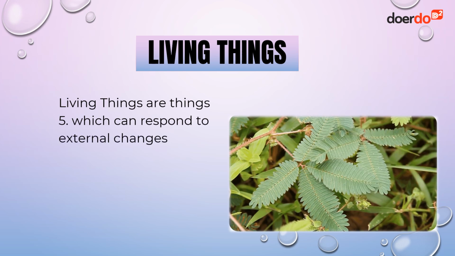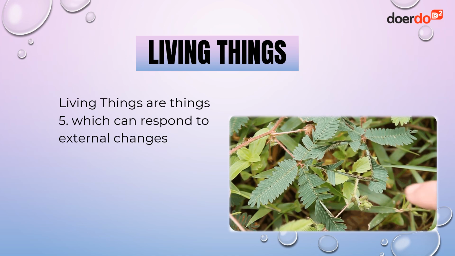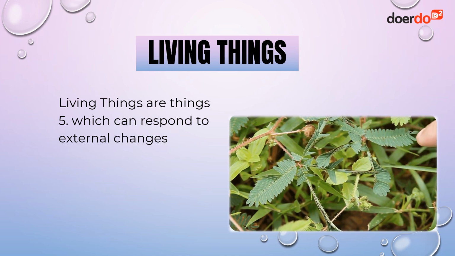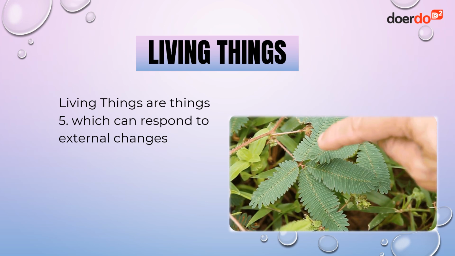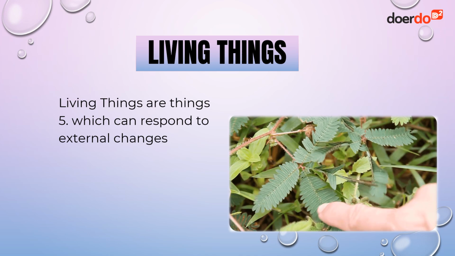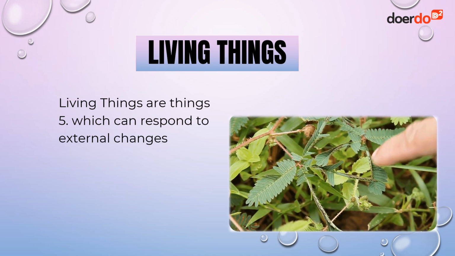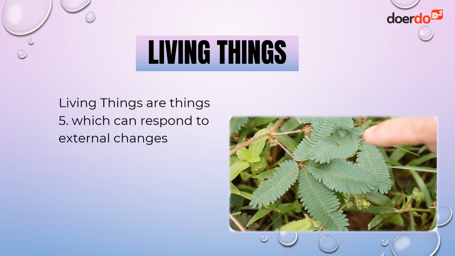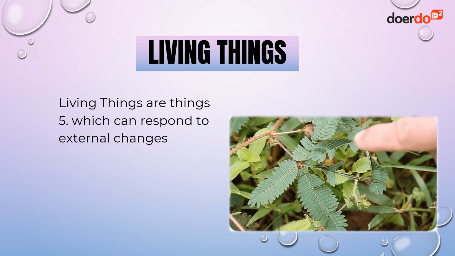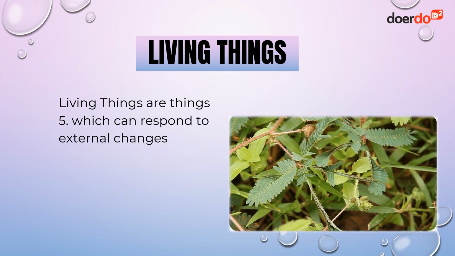And lastly, for the fifth characteristic, living things are things which can respond to external changes. If you look at the mimosa plant on the right hand side, when we touch it, the mimosa plant responds by closing its leaf. So this is the mimosa plant responding to changes. In the wild, when zebras are moving around and they suddenly see a predator such as a lion, the lion starts to chase after the zebra, and the zebra will start to run for its life.